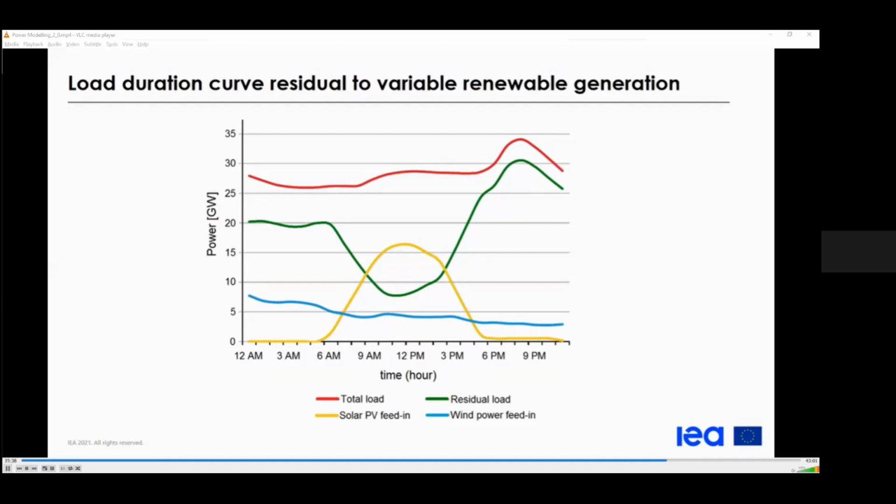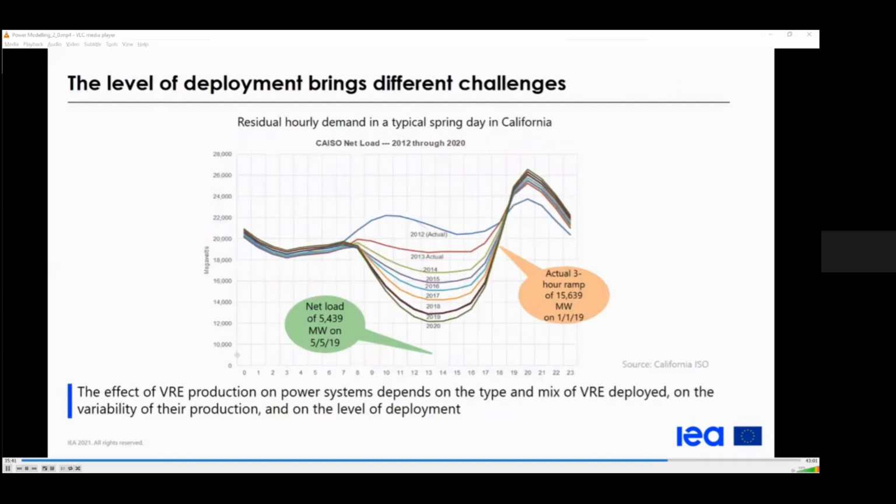And this is the basic concept behind this very famous curve. So this is showing the impact of growing variable renewable production in California. So this is the duck curve.